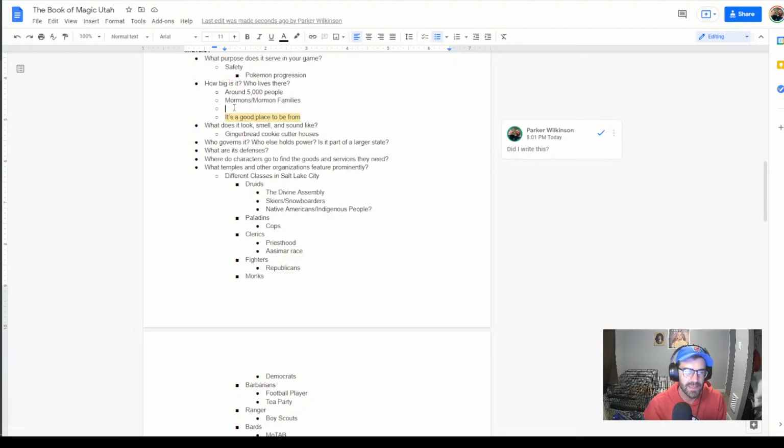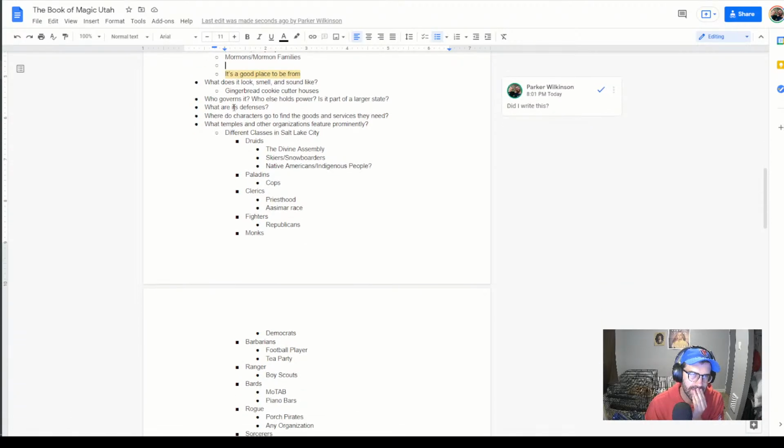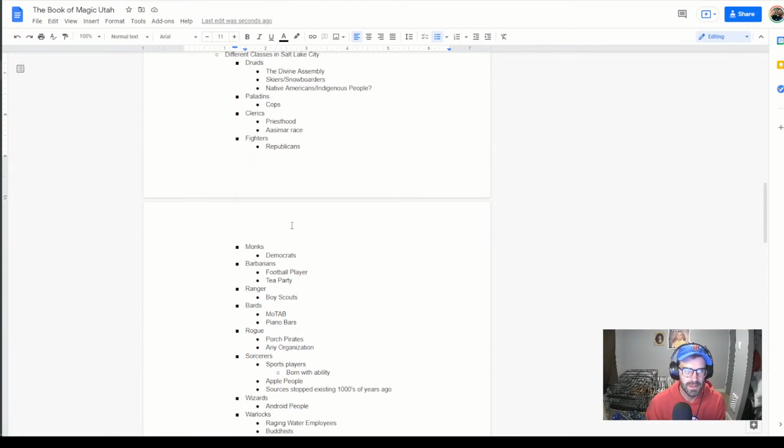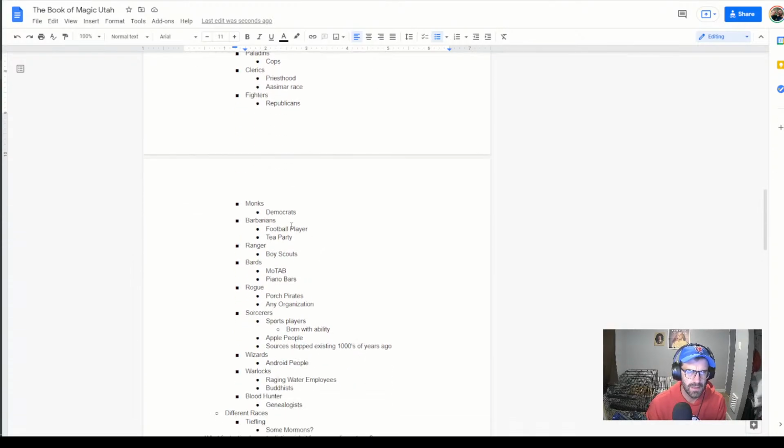Oh man, this is an interesting question. Needs to be a pretty safe place. So who would live? There's definitely like a ranger troop. So the Boy Scouts are definitely gonna be there. I do like the idea of sorcerers not existing.